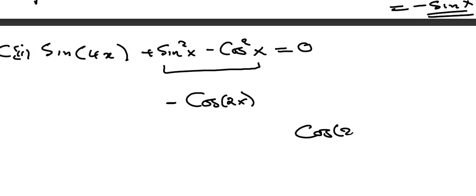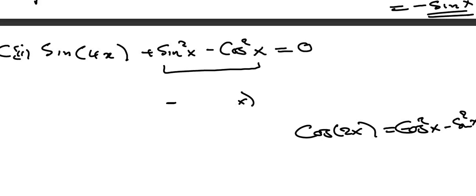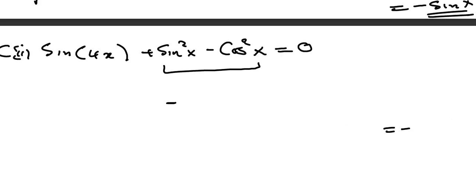Remember, cos 2x is equal to cos squared x minus sine squared x, right? So this is like us reversing it, or rather, let me show you why we're putting a negative.